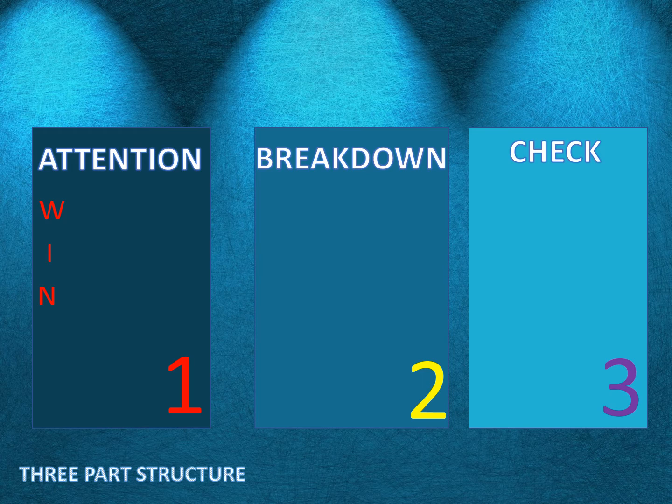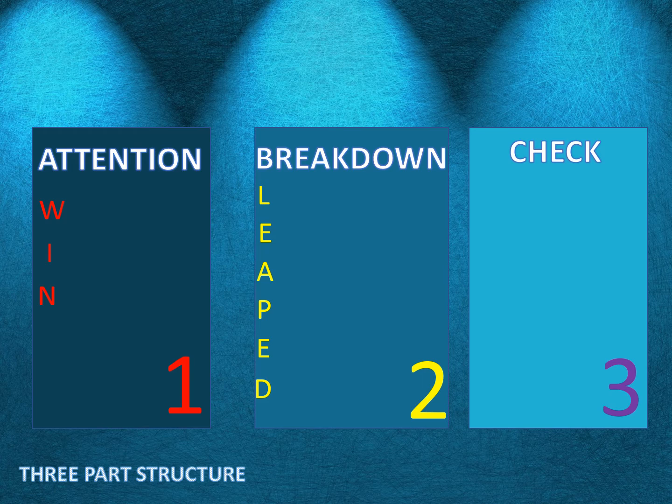In the attention section, you need to win the learner's attention so that they can focus on the task that they are going to learn. During the breakdown, you want them to leap to the knowledge that you are imparting to them.